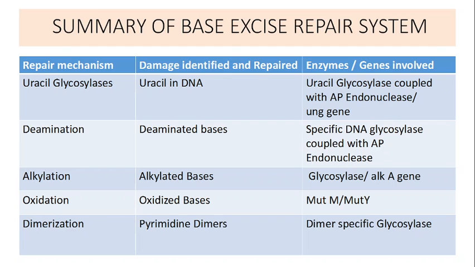Finally, the nicks will be sealed with the help of the enzyme ligase. So these are the major steps involved in the base excision repair system, and further processing will be taken up by the long patch or short patch BER system.